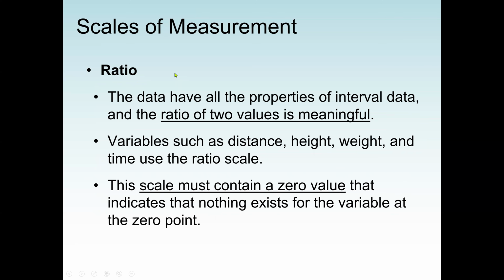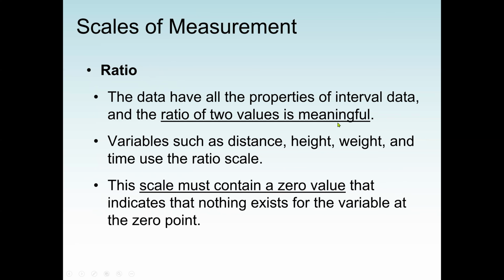It has numerator and denominator values, two values dividing. Then when we say proportion, it means ratio multiplied by another ratio. But in statistics, this ratio represents a numeric value on which we can do all arithmetic operations, whether addition, subtraction, multiplication, and division, everything. So the data have all the properties of interval data, and the ratio of two values is meaningful.